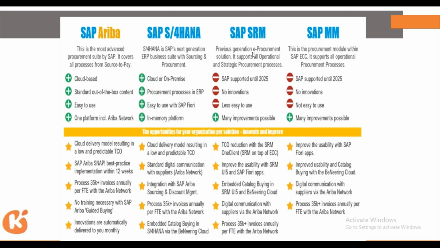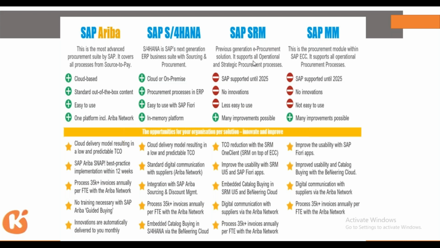And if you compare SAP SRM and SAP MM, as you know, SAP has already circulated the information to customers that they are not going to support SRM and SAP MM. In certain cases, if the customer would like to continue, they will not receive any further releases or upgrades. And if they want to upgrade, they can migrate either to SAP Ariba or to S/4HANA.